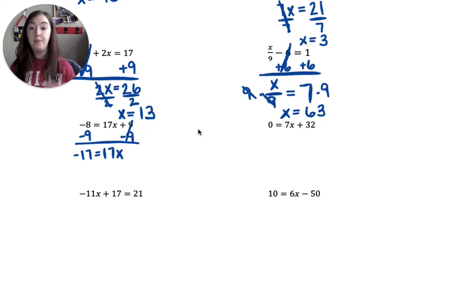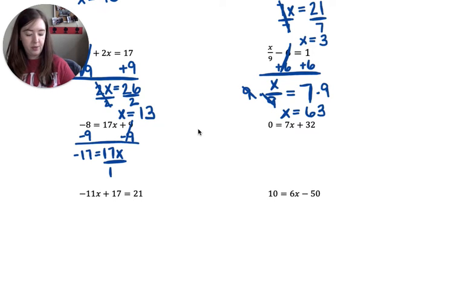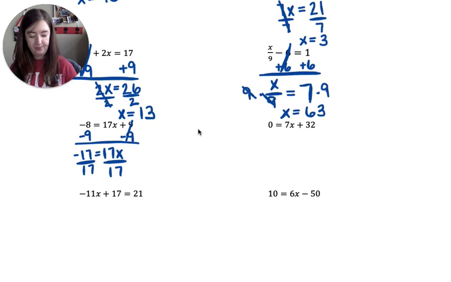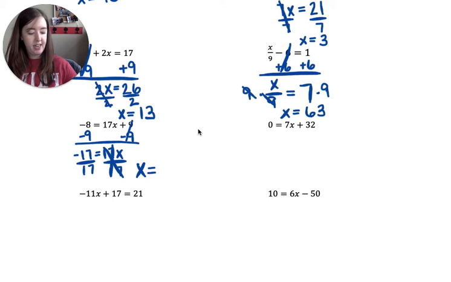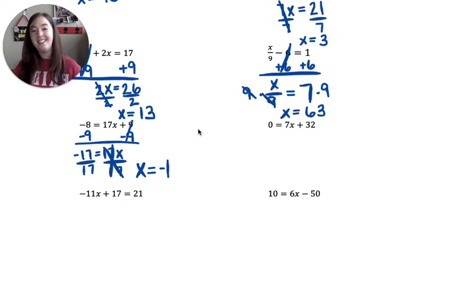Now 17 is being multiplied by x, so to undo that multiplication, we'll divide on both sides. Divide by 17, divide by 17. These divide away to 1, so we're just left with x. And then we have negative 17 divided by 17 is negative 1. So x will equal negative 1.